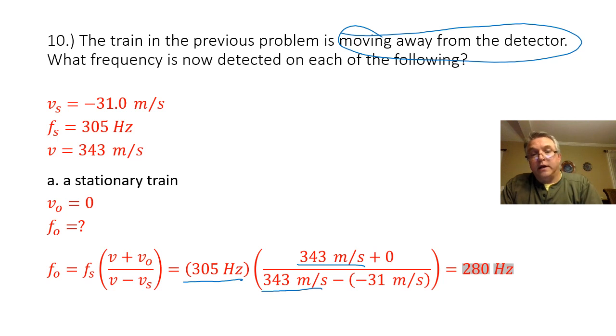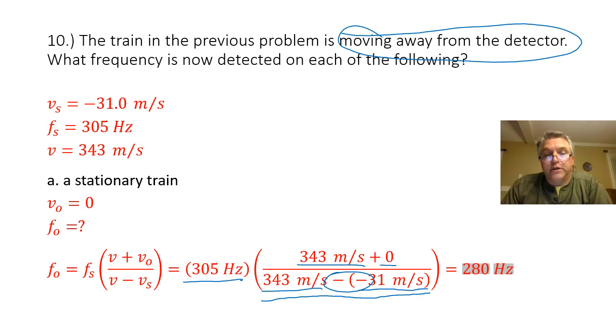The velocity of my source is now negative 31 meters per second. So notice I have 343 meters per second minus a negative 31 meters per second. So that really just means that I'm going to add those two values together. And the velocity of my observer is 0 because they are stationary. And when I do all of that math together, I am going to have an observed frequency of 280 hertz.